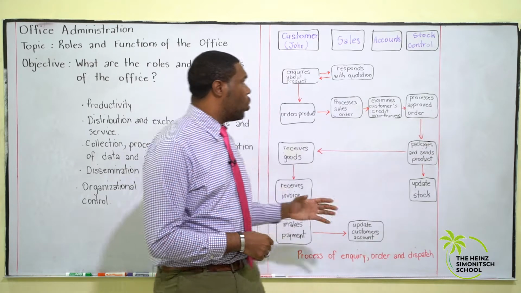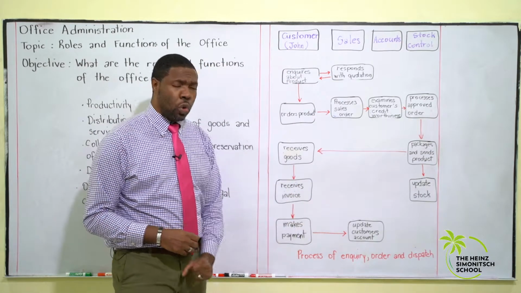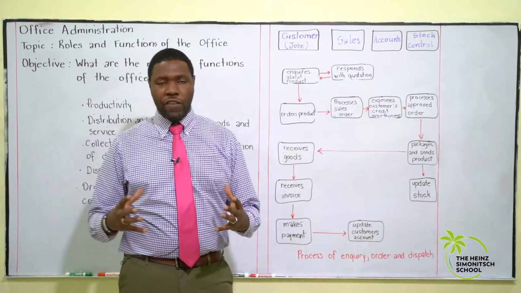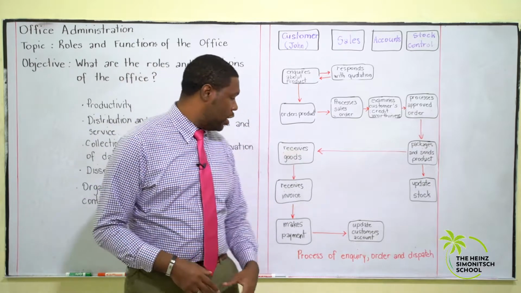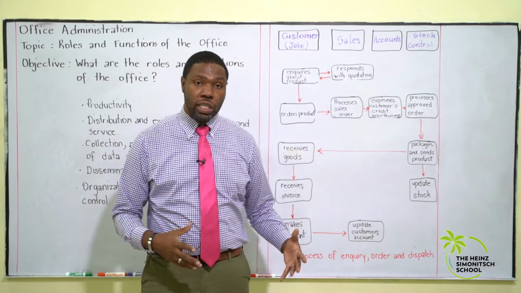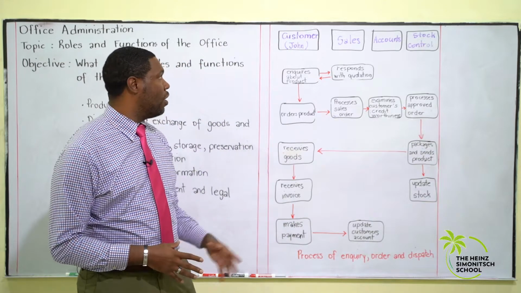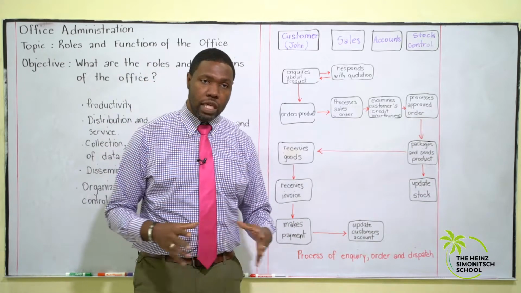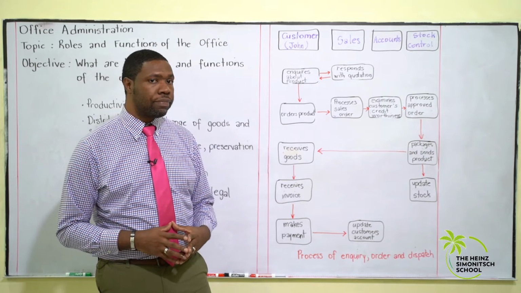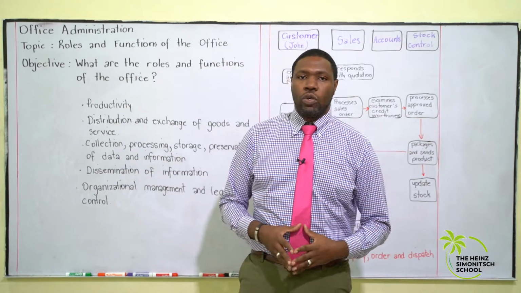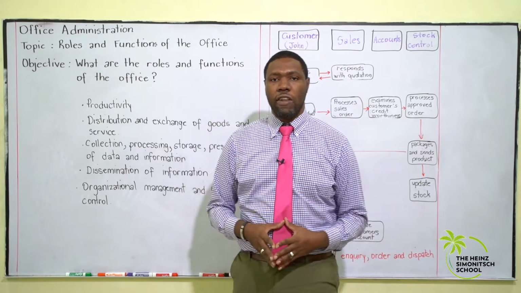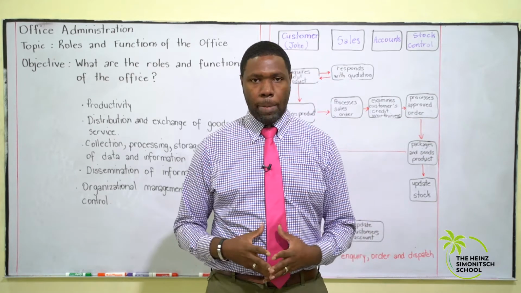All right? So this is just a chart to show how different offices in a business have to work together to ensure that the output or the good gets in the hand of the customer in the most efficient way possible. All right?